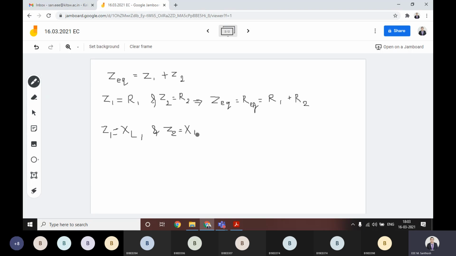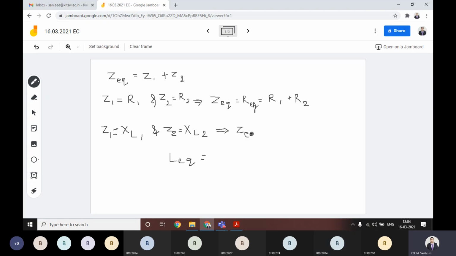Then can anyone tell us what the value of L equivalent is? If both inductors are in series, what is the value of L equivalent? From this you can calculate it. Simply L1 plus L2.